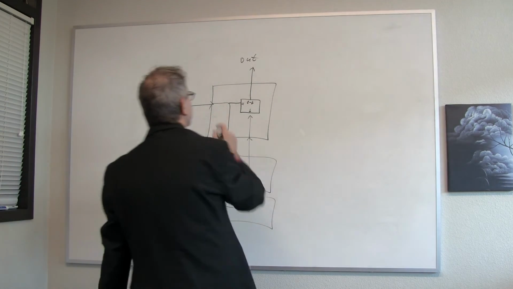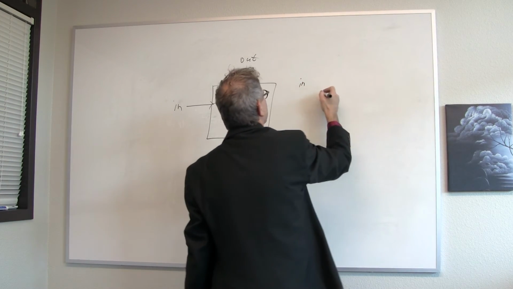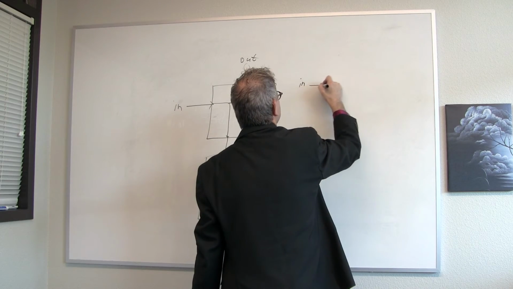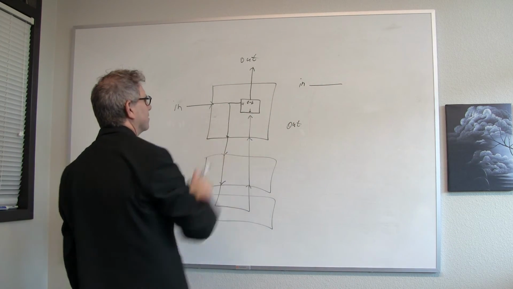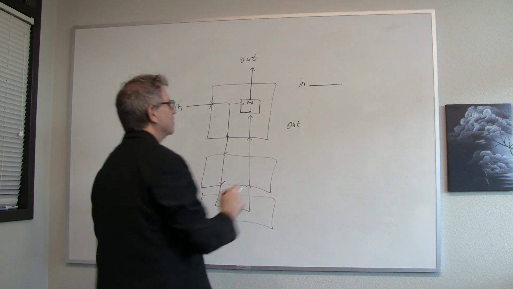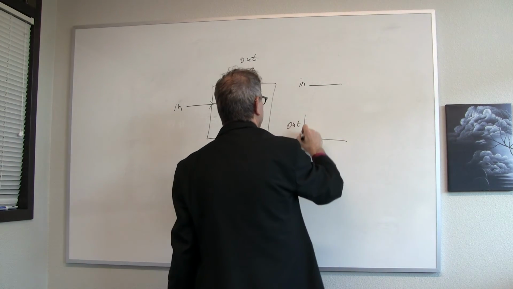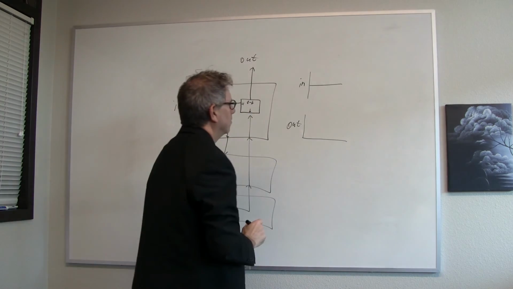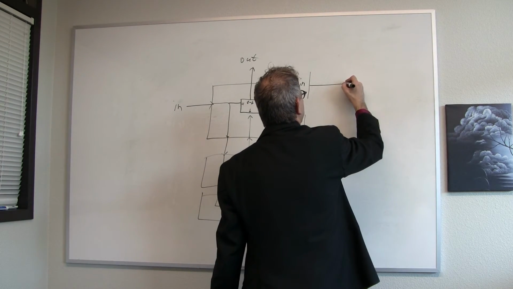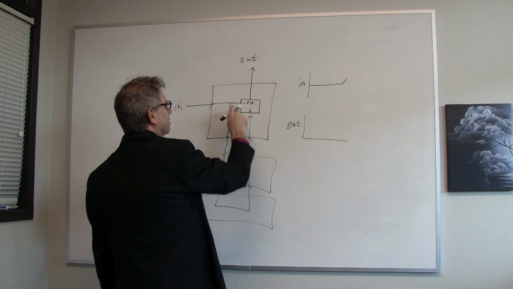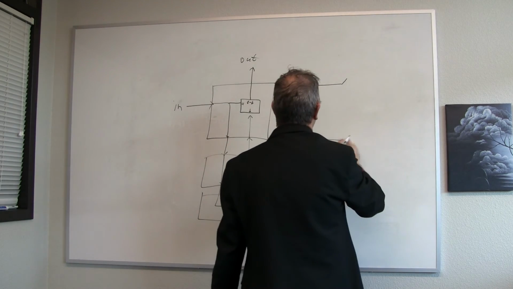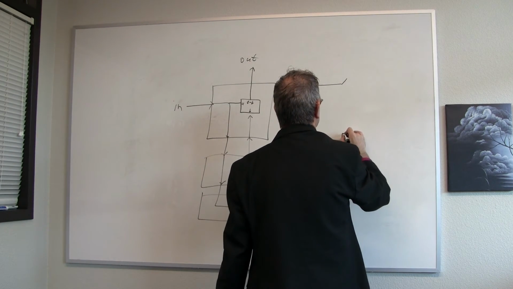So this differentiates, and if your input is flat, then A and the delayed version of A will be the same and your output will be 0. And as your input begins to increase, A will begin to be larger than B, and this output will suddenly jump up.